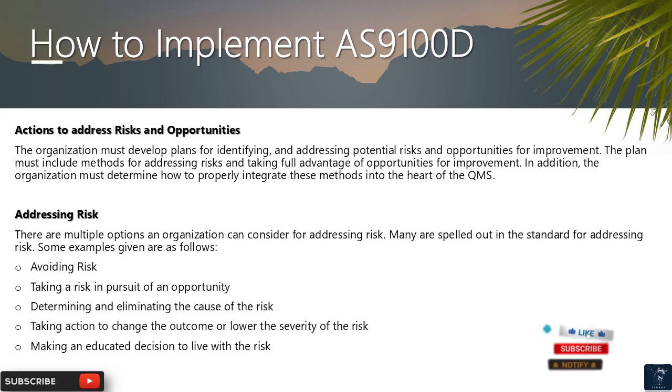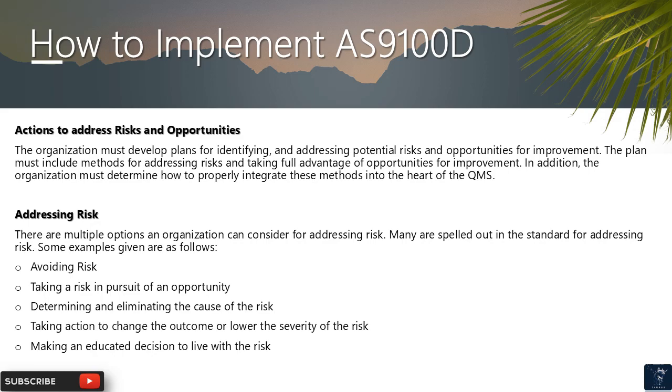The organization must develop plans for identifying and addressing potential risks and opportunities for improvement. The plan must include methods for addressing risks and taking full advantage of opportunities for improvement. In addition, the organization must determine how to properly integrate these methods into the heart of the QMS.